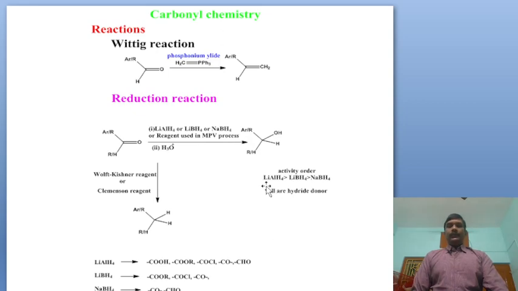The activity order of the reagents is lithium aluminum hydride greater than lithium borohydride greater than sodium borohydride. If we use the Wolff-Kishner reagent or Clemmensen reagent, it will produce a CH2 group in the position of the carbonyl group.